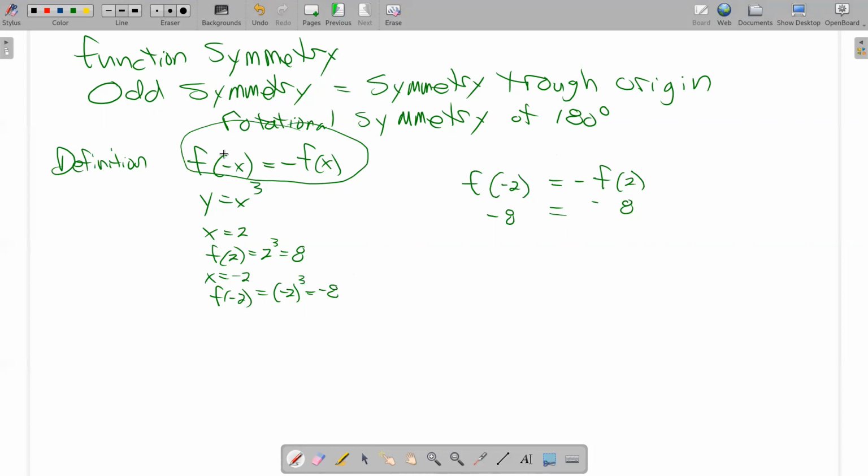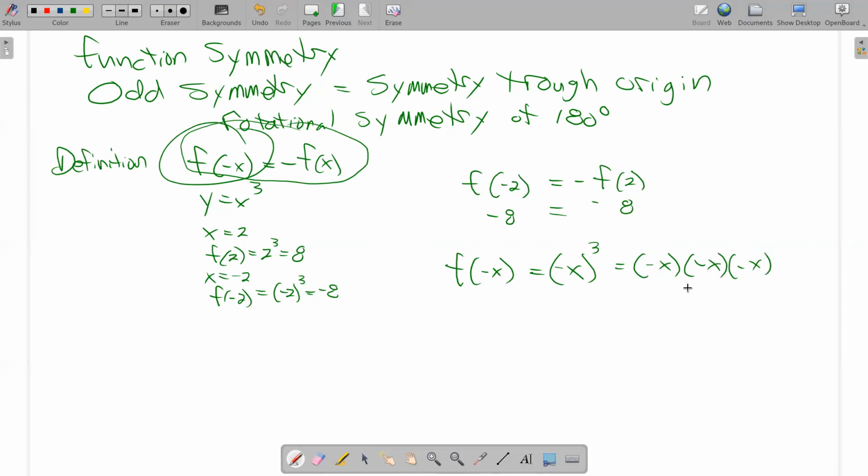Other way to check is actually to do algebra on that statement. So take the f of -x. Normally, I would just write x cubed, but I'm replacing x with a -x. To cube something means to multiply by itself a couple times.